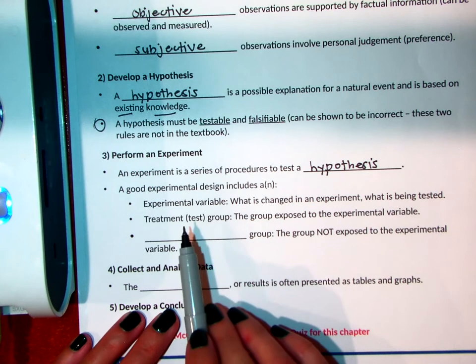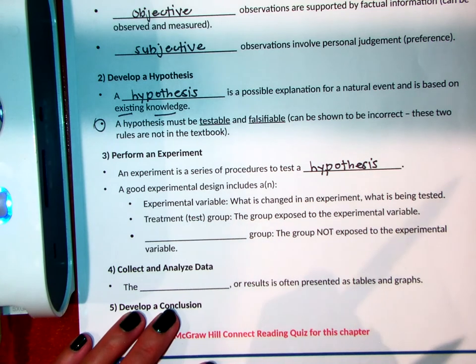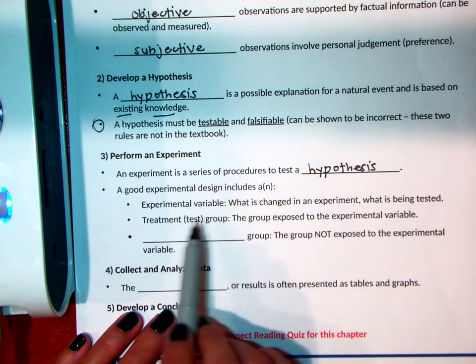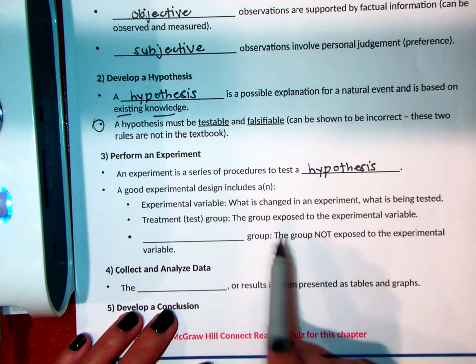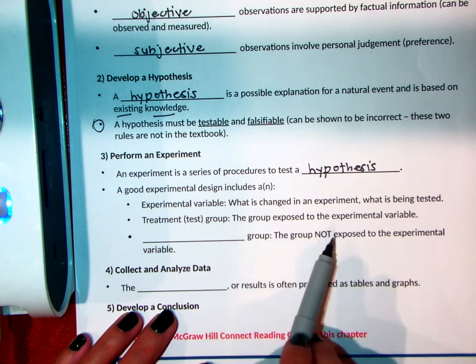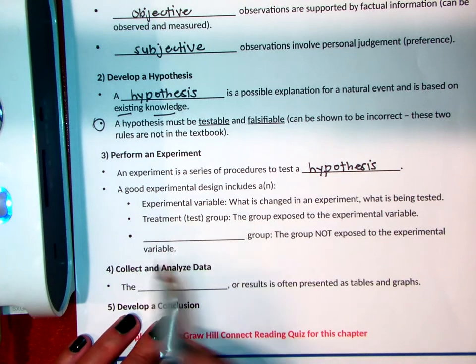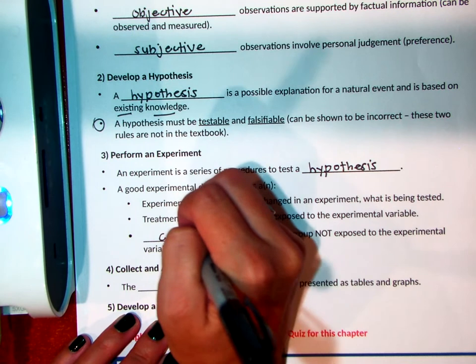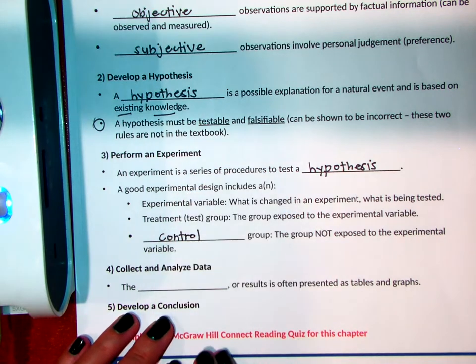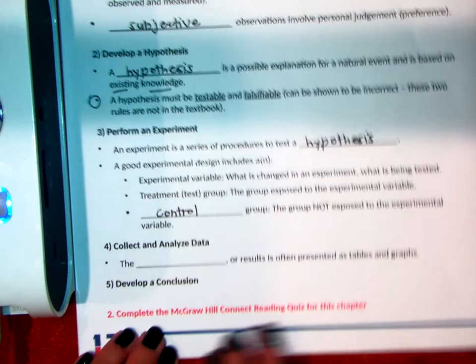And I've always known this and taught this as the independent variable. So if you are familiar with that term, it's essentially the same thing. And then you have your treatment or test group, and this is the group that is exposed to the experimental variable. And then we need to have a control group. And this is the group not exposed to the experimental variable.